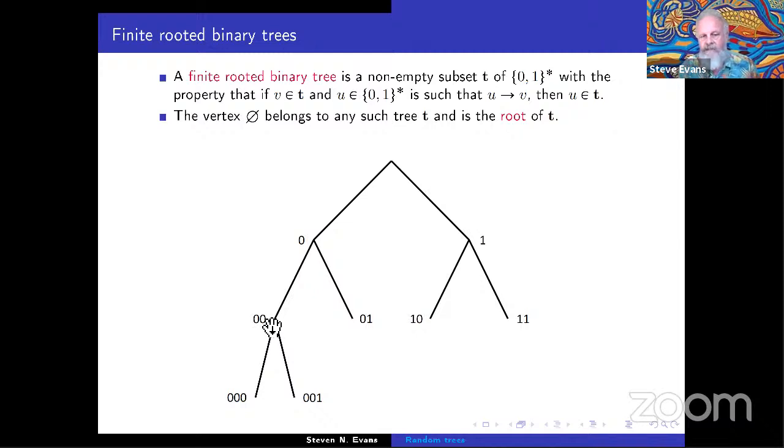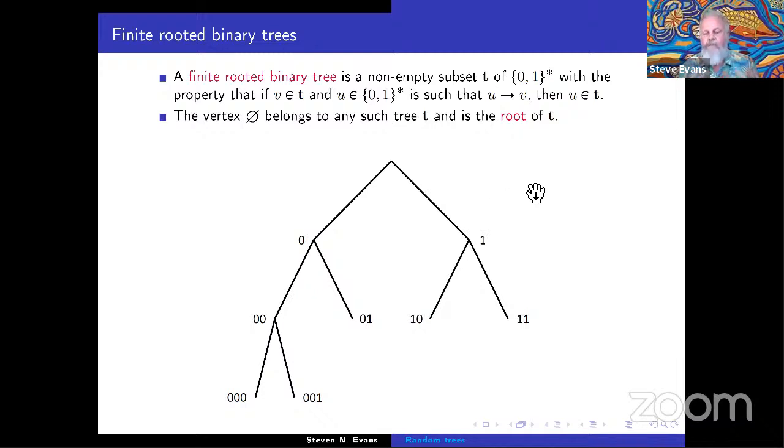So if 0,0 is in T, then because 0 connects to 0,0 by a directed edge, 0 has to be in T as well. Of course the empty word belongs to any such tree T, and we think of that as being the root of T.